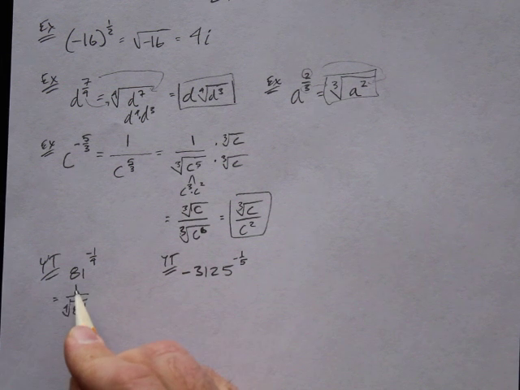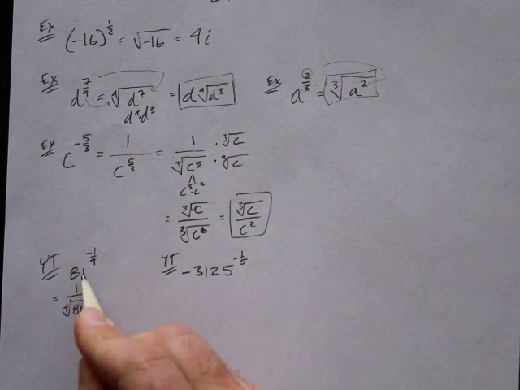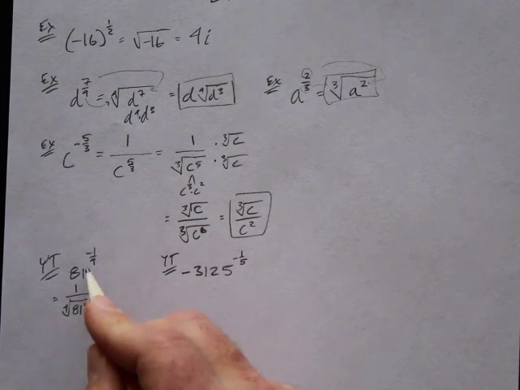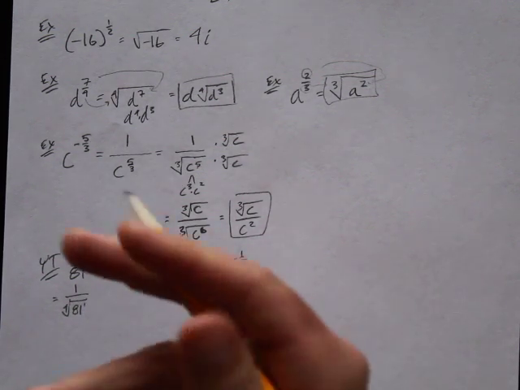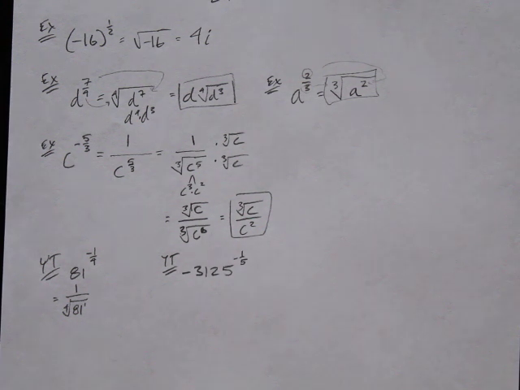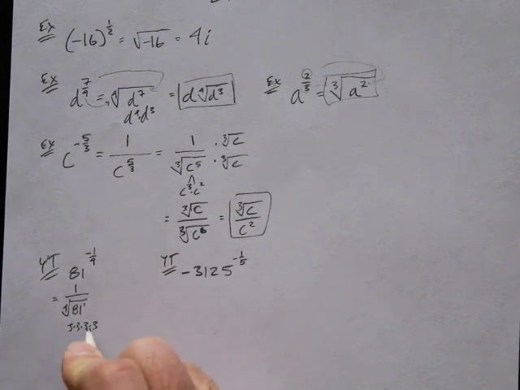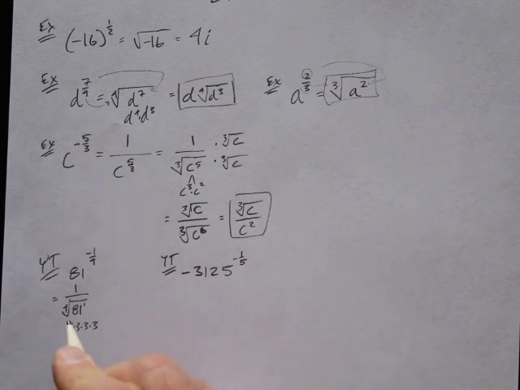Okay, notice how it's not negative 1 over or 1 over negative, this negative just says put it on the other side of the fraction, just like that. So the 4th root of 81 is 3, right? 3 times 3 times 3 times 3, so that's 9 times 9. So yeah, the 4th root of 81 is 3.